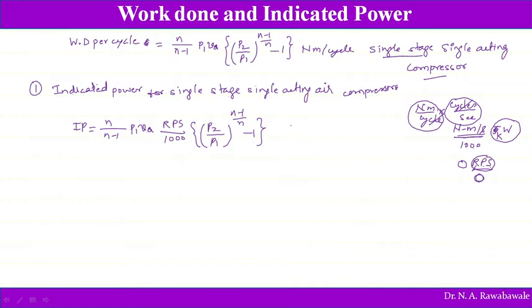So this gives us indicated power in kilowatt, where P1 and P2 are in Newton per meter square, VA in meter cube per cycle. Then we can get indicated power in terms of kilowatt. This is one equation.